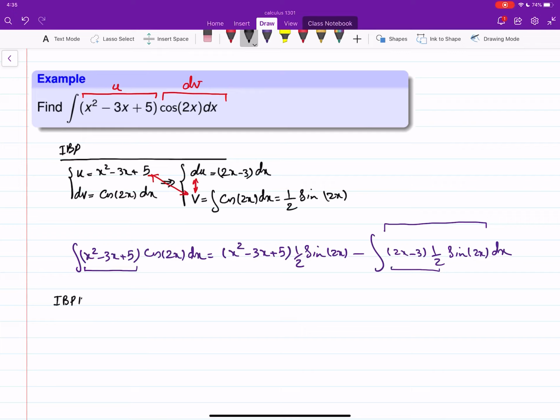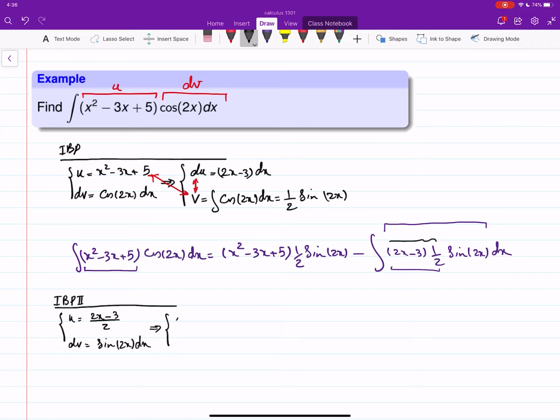IBP, the second one, then I will choose this one to be my u. u is the polynomial 2x minus 3 over 2. The rest is dv, sine 2x dx.